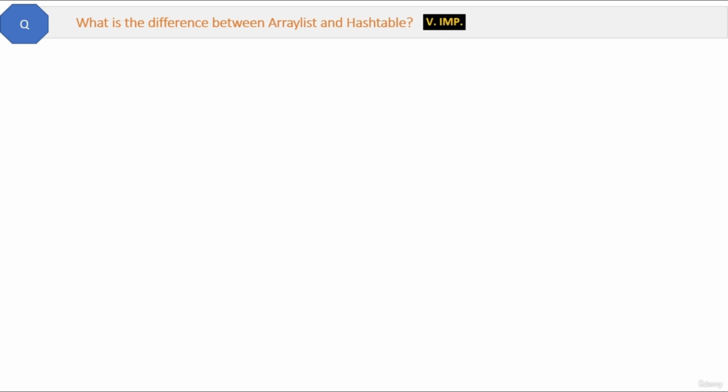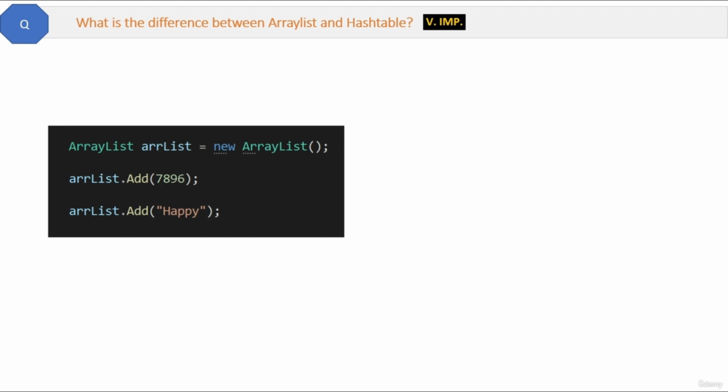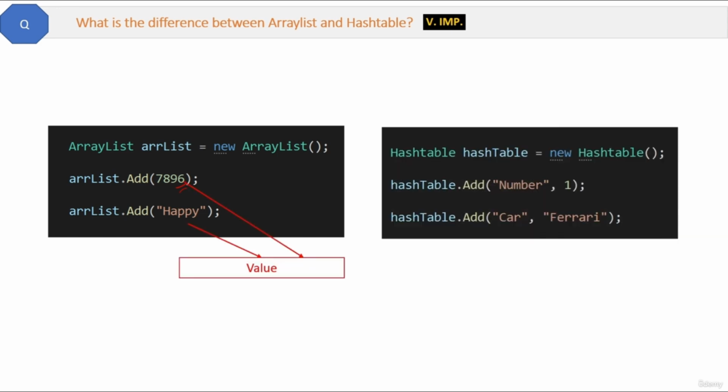What is the difference between ArrayList and Hashtable? See the code of ArrayList. In an ArrayList, we can only add items or values to the list. See, both of these are values only. Now let's see Hashtable. In a Hashtable, we can add item values with keys. See, this is the key and this is its value. Hashtable is like a mapping.